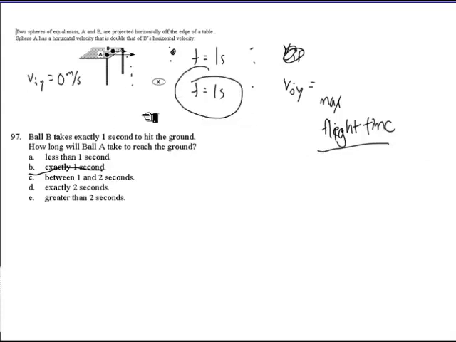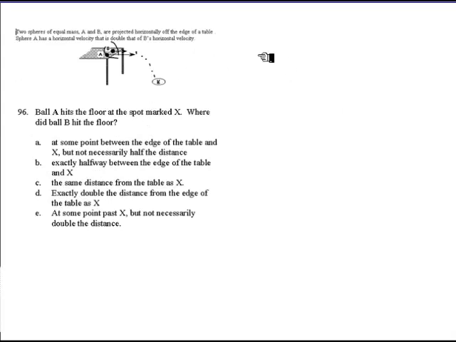So now if we go back to 96, here's one where you can just make up your own numbers. B has an initial velocity of 5 meters per second. A has an initial velocity of 10 meters per second. Why not? The only condition is that it's doubled. So if A was moving at 10 meters per second for 1 second, how far away did it hit the ground?